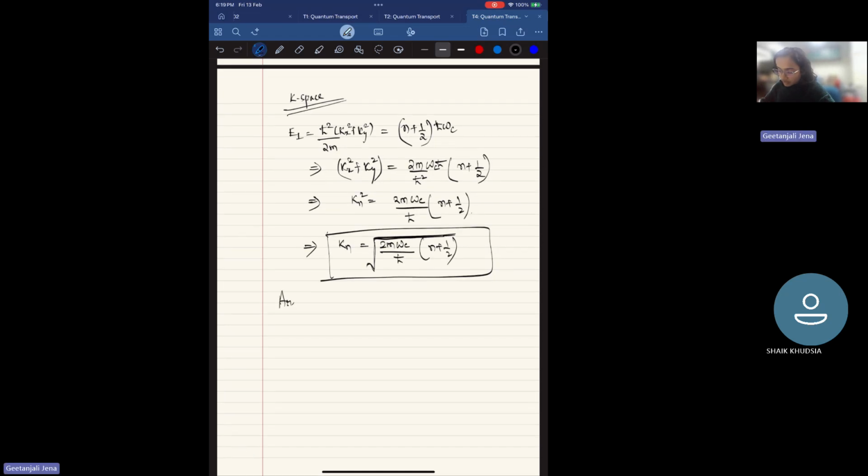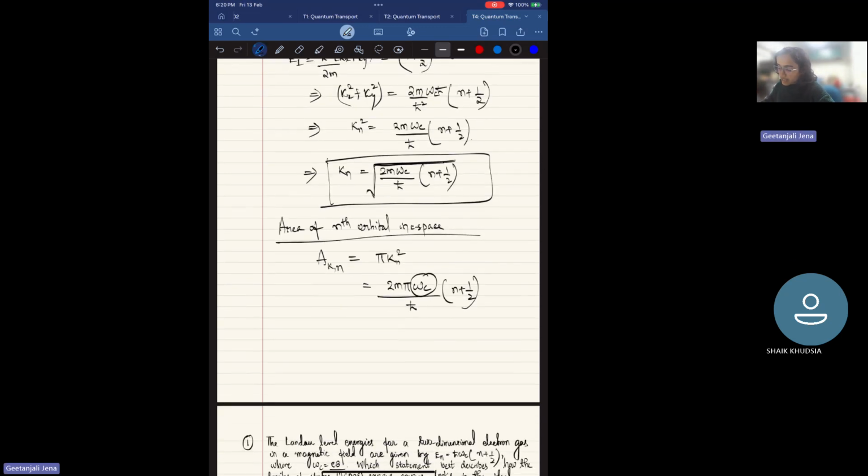So for the area, let's say we want to find out the area of the nth orbital in the K space. It is pi Kn square, or 2m pi omega c by h cut, n plus half.